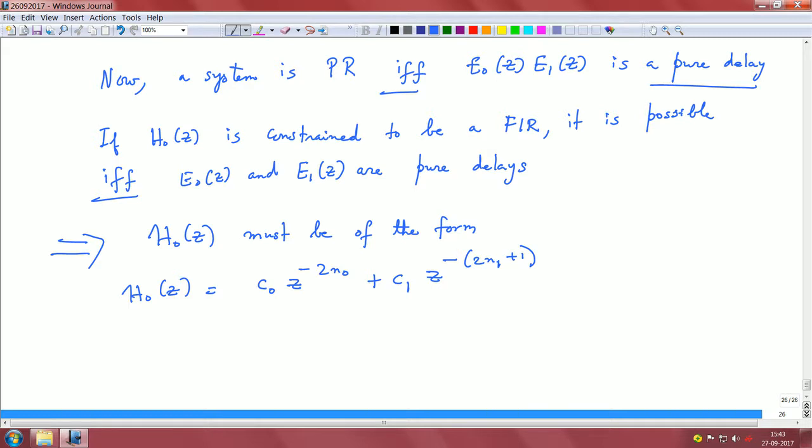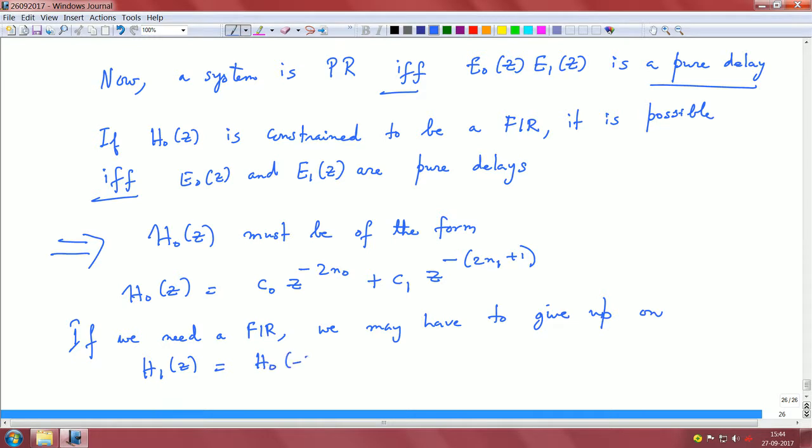Now, if we need a FIR, we may have to give up on the condition that h1 of z is h naught of minus z. Our filter banks allow us to do that, right.